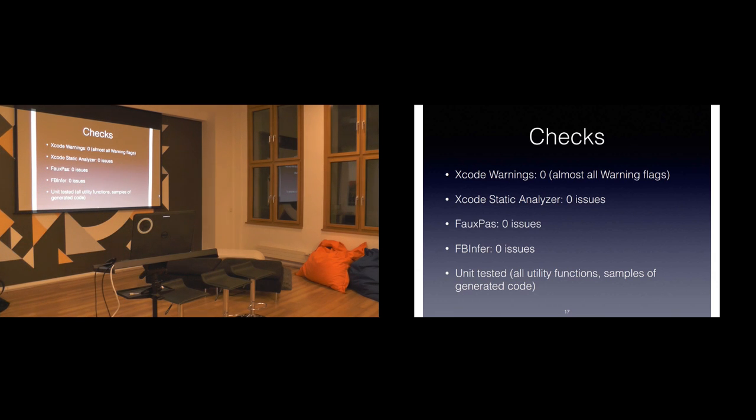For the generated code again, I turned almost all Xcode warnings on. I have 0 warnings. The static analyzer doesn't report anything. I also used Faux Pas. I used FBInfer, which is a great tool. If you haven't checked it out, you should. It usually finds a lot of stuff on all projects. And I unit tested a lot of the generated code. Of course, since it's generated, I cannot unit test everything.